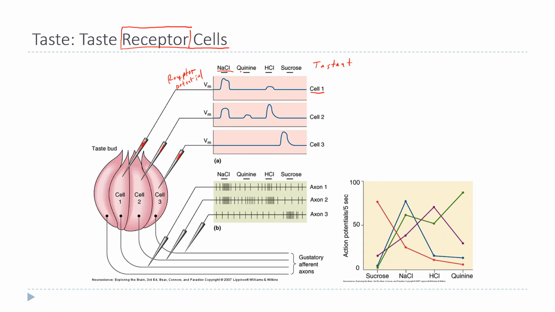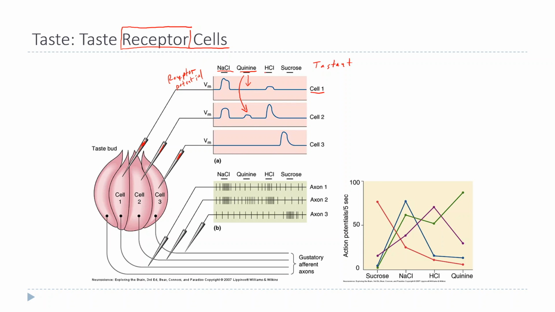Whereas if you apply quinine, which is the prototypical bitter tastant, cell 1 does not respond to quinine at all, meaning it does not change its membrane potential when you apply quinine. Meanwhile, quinine applied to cell 2 does create a small change in membrane potential, a small depolarization.